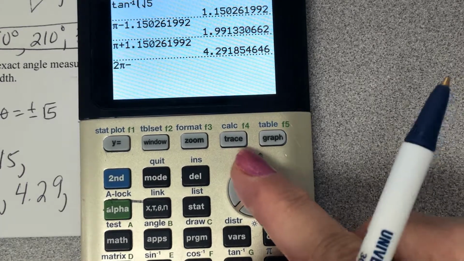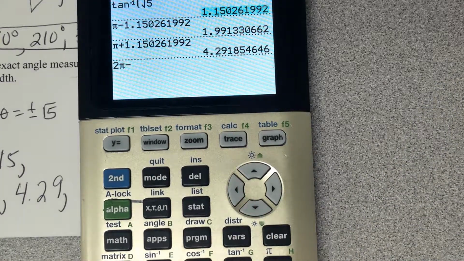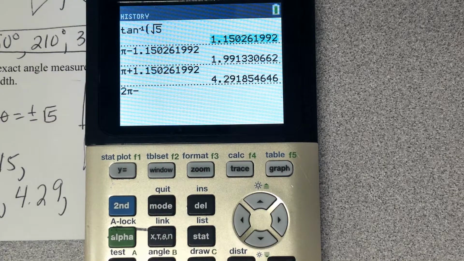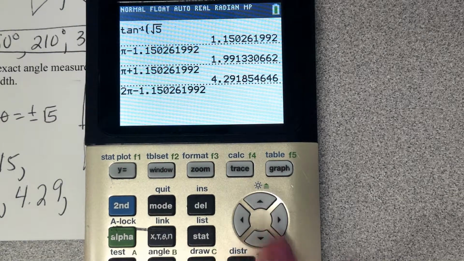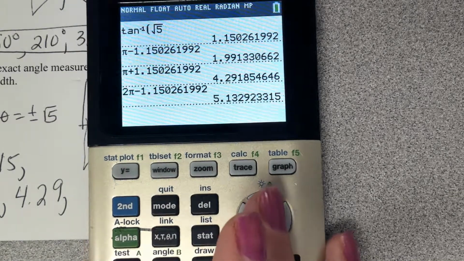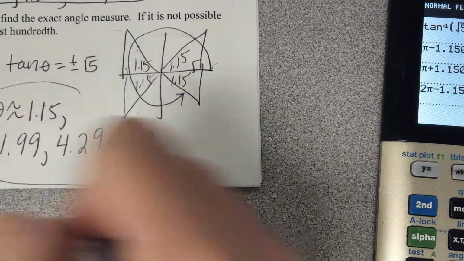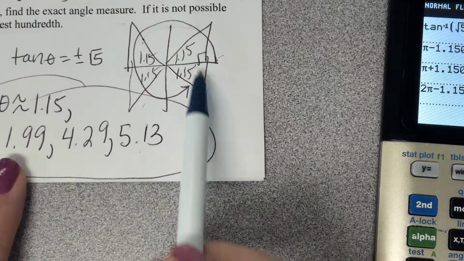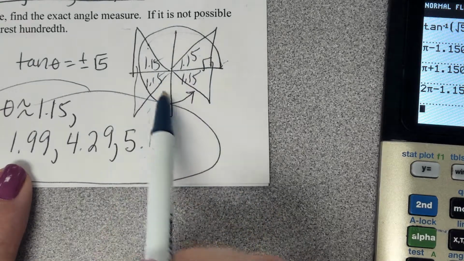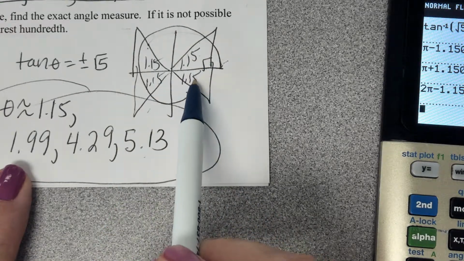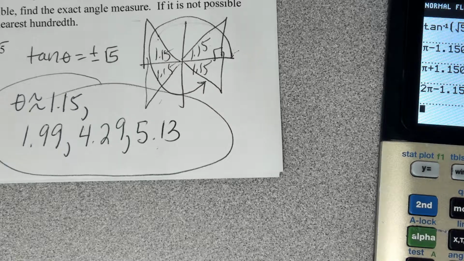And I am not one for you to memorize rules. I don't want you memorizing that. I just want you to think about it, figure it out logically. And that is 5.13. Okay? So we just think about how would we do that? Well, it's going to be 2 pi minus that little angle right there. All right, any questions? Okay, good job.